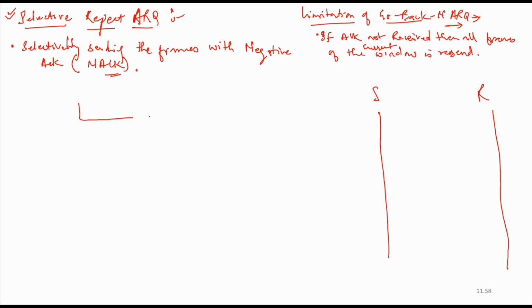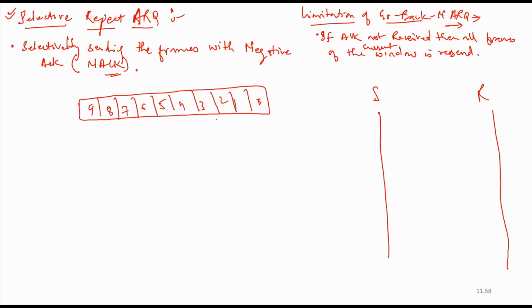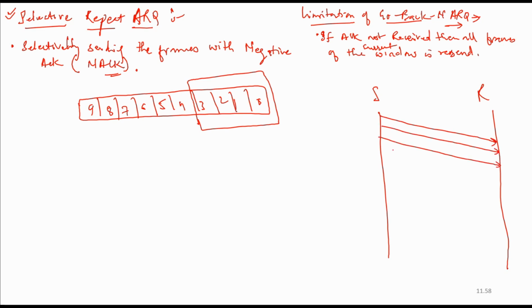Again, we consider the same frames, and there will be a window size. Suppose the window size is 4, so 4 frames will be sent at a time: 0, 1, 2, 3. When the acknowledgement for frame 0 is received, frame number 4 will be sent.